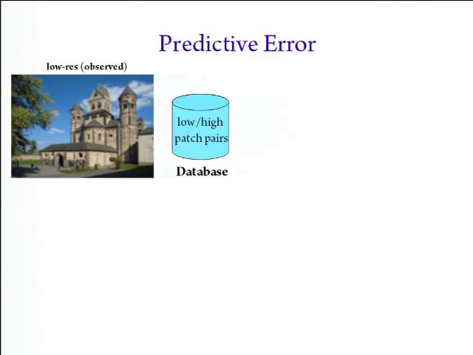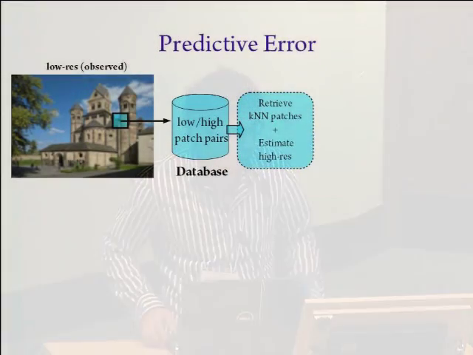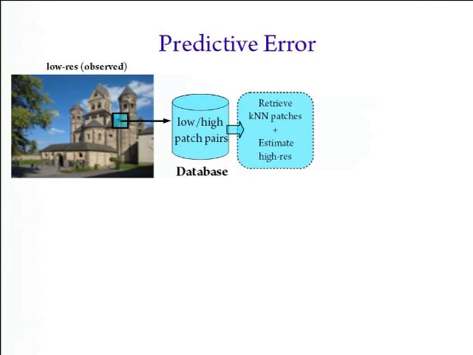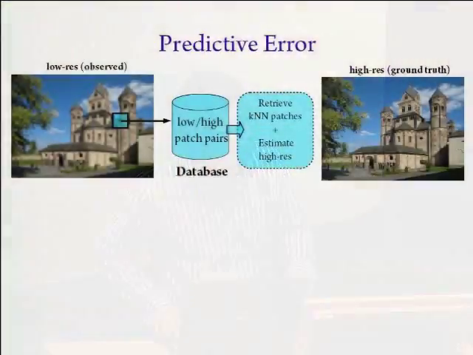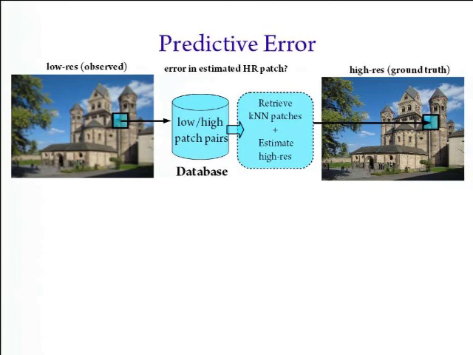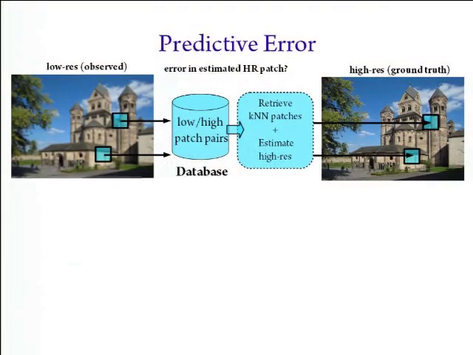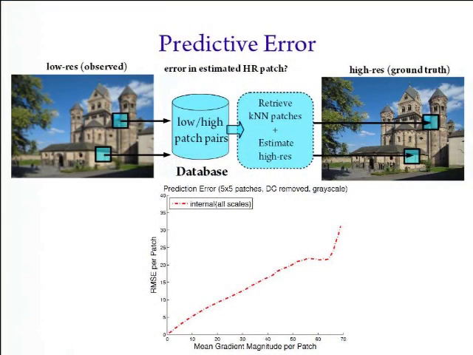You start from the low resolution observation, and you pick a patch, and you say, what are my nearest neighbors, and what's my estimation of the high resolution? This is basically a weighted average of the corresponding high resolution patches. You consider the difference between this estimated patch and the high resolution ground truth, and you record the error. And you do that for the other patches in the image.